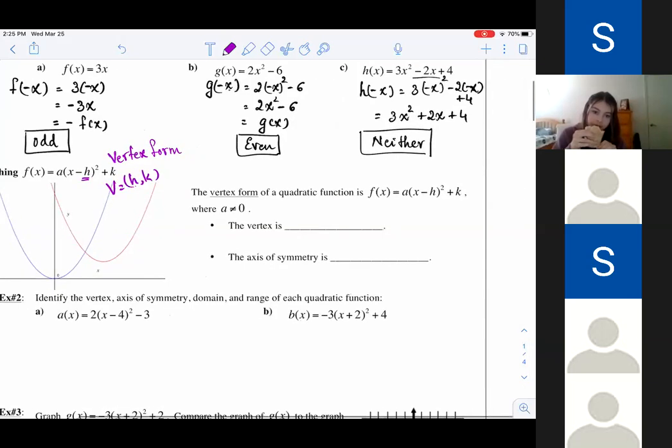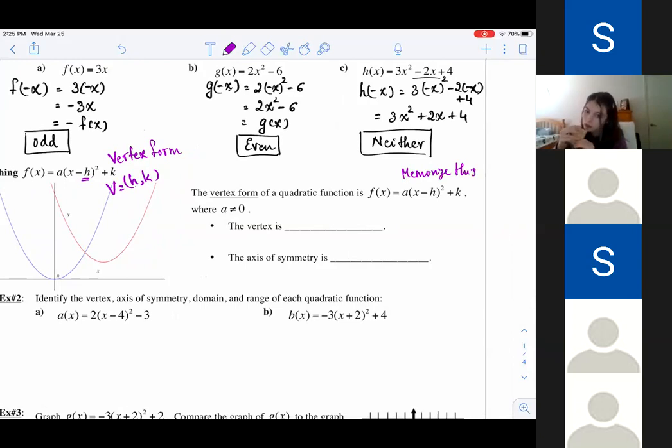Okay, let's look at the right side of this. The vertex form of a quadratic equation, and I want you guys to memorize this. y, or f of x, is equal to a times the quantity x minus h squared plus k, where a cannot be 0.